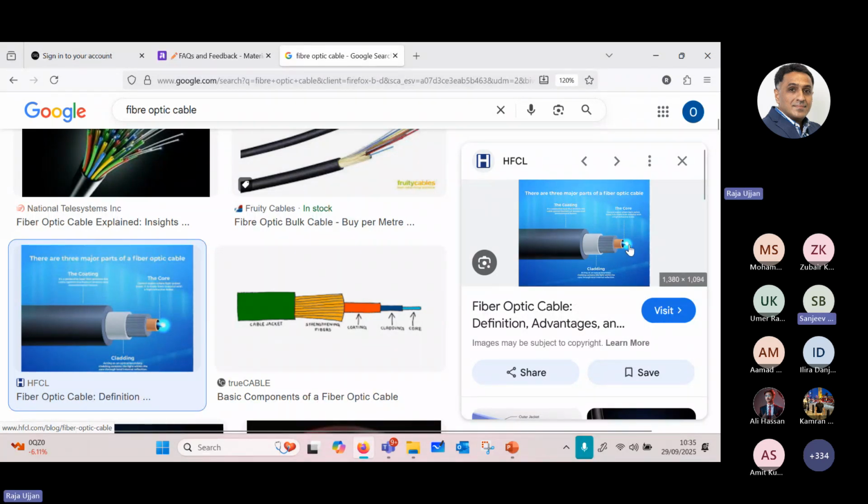In fiber optic cable, we have just one fiber of glass. Do you know what glass means? A transparent material, the same glass which you are using everywhere. Glass is very fragile, crystal clear like water. Whatever you insert, it will transfer only the light.